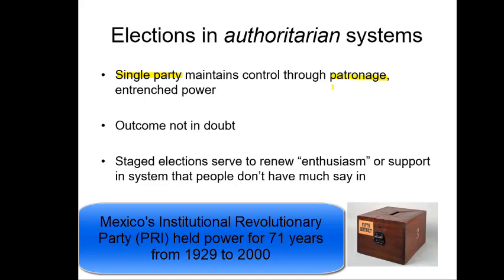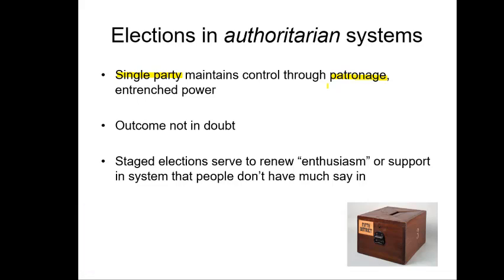So, even at the grassroots level, you'll have loyal officials there that are part of the party's patronage system, and they will ensure that the turnout is for the party in power, and so therefore the power just gets more entrenched, and they just keep getting elected, and other parties really have not much of a chance to get their foot in the door, so it becomes a single party authoritarian system.